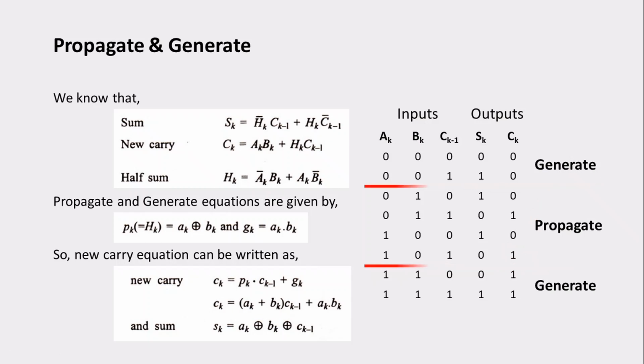Based on that, we came up with equations: the propagate signal is given by Ak XOR Bk, and the generate signal is given by Ak AND Bk.